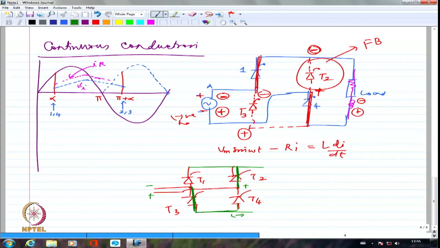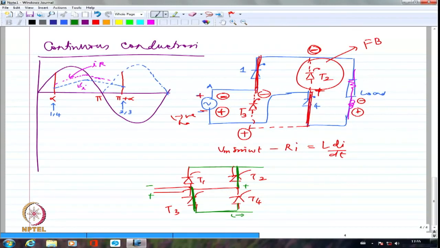T1 and T4 helped T2 and T3 get into conduction, but after getting into conduction, T2 and T3 quenched them. They said, go to hell, turn it off. That's what happens.